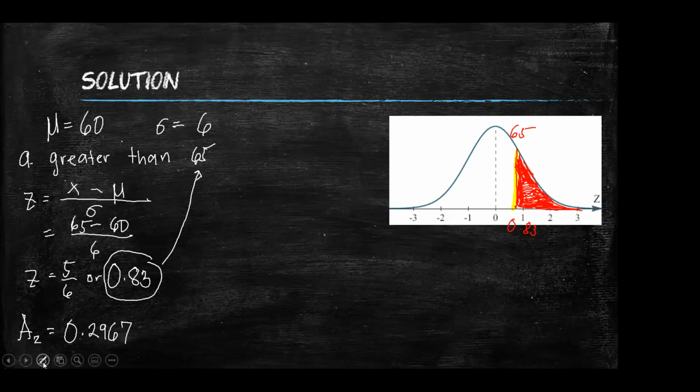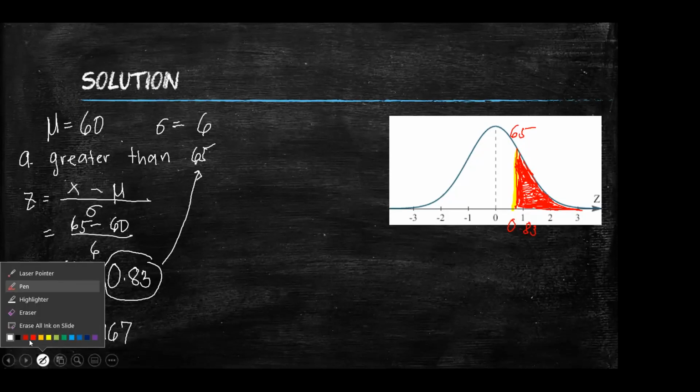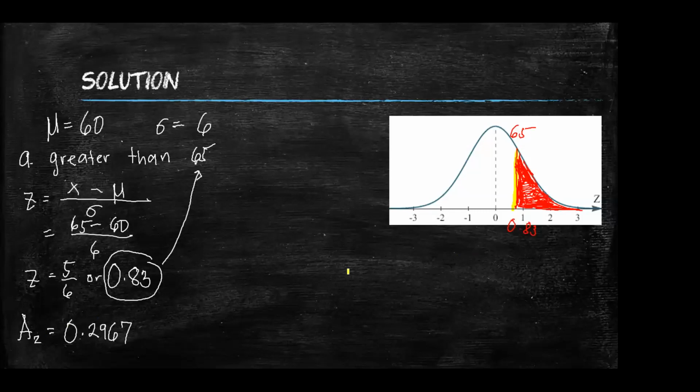Ngayon, class, question. Asaan dyan sa graph natin yung 0.2967? Mula po doon sa 0 which is the middle hanggang doon po sa may 0.83. Very good. So, i-highlight ko kung saan yung 0.2967.